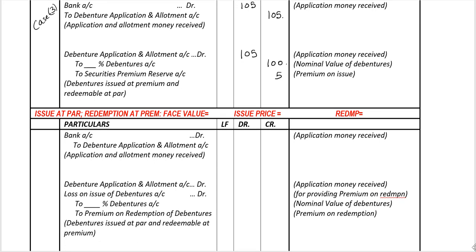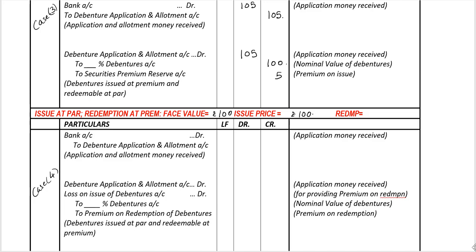Let's move on to the fourth case, where the issue is at par and the redemption is at premium. Let's assume that the face value of the debenture is rupees 100 and the issue price, since it's issue at par, will also be equal to rupees 100.